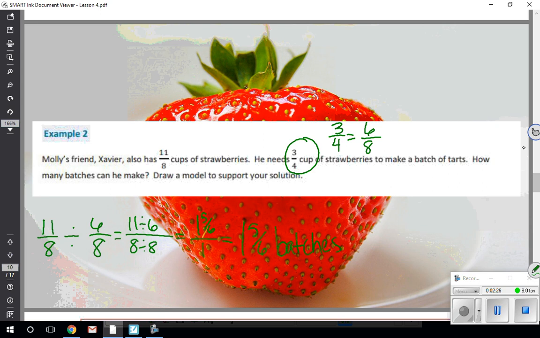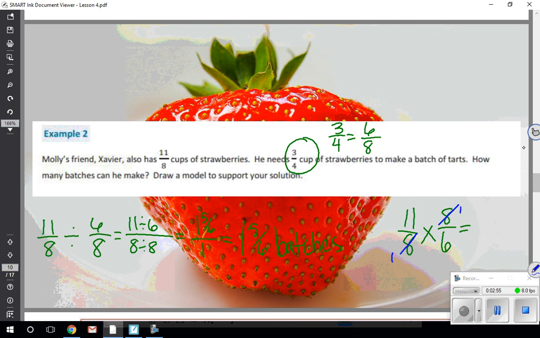Some students liked that method, and other students liked to rewrite the division statement as multiplying by the opposite. So instead of keeping it division, they said, I will do the opposite of the opposite. So the opposite of 6/8 would be 8/6. And they chose to do it this way by realizing that they can cancel out the 8's, divide both parts of the numerator and denominator by 8, leaving 1's.